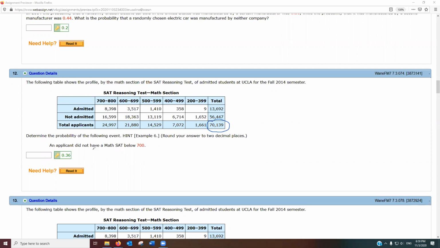All right, so let's read carefully. It says an applicant did not have a math SAT score below 700. Well, if they did not have an SAT score below 700, they're really telling me to look at this column right here. Now, they're not telling me anything about admitted versus non-admitted.